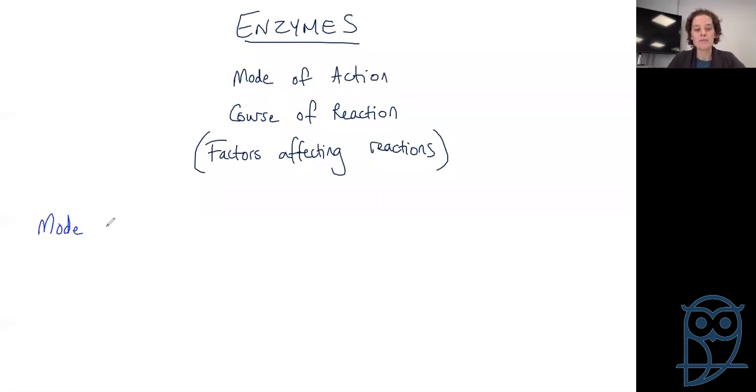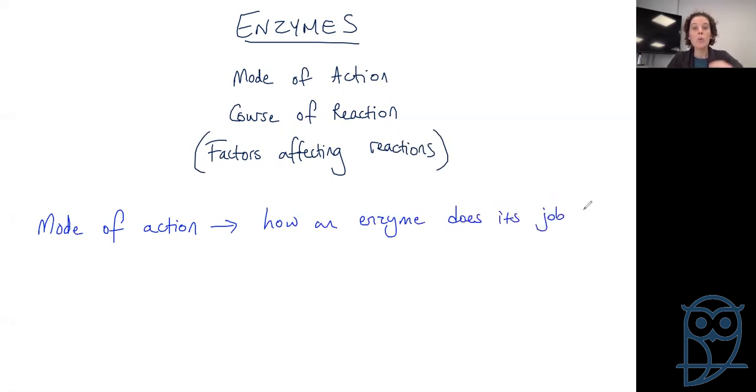So if we look at it most briefly and at a large overview, mode of action, this is how an enzyme gets the job done. So one particular enzyme, how does it go about catalyzing one particular substrate?